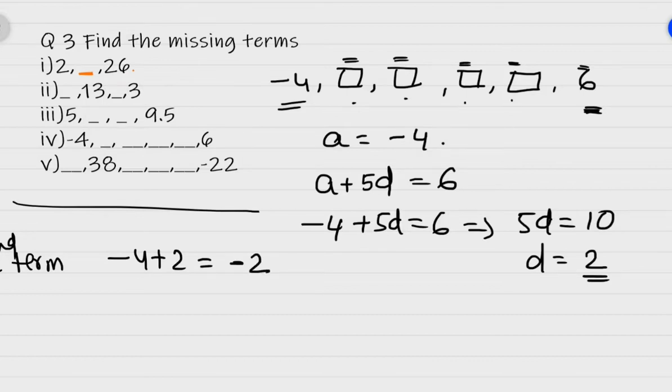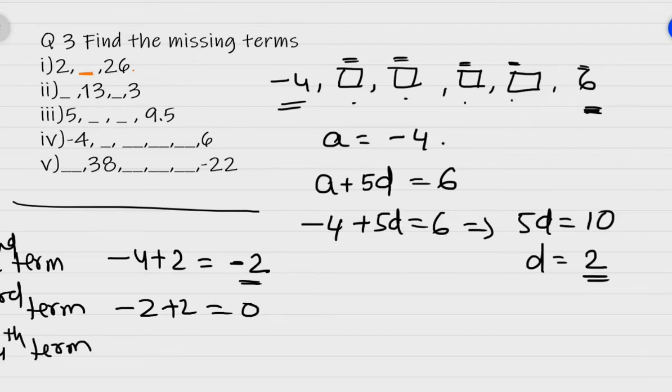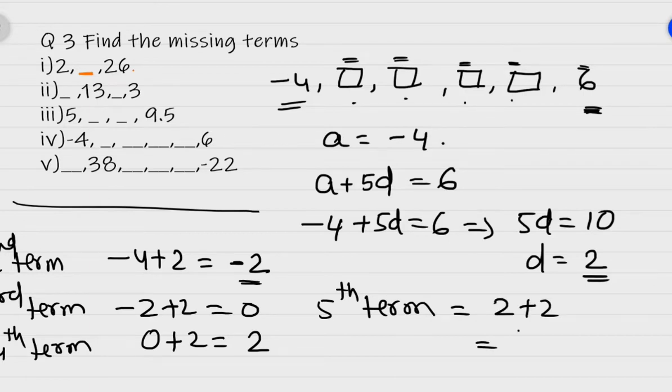And the next term, the third term, will be again add plus 2 to minus 2. So minus 2 plus 2, 0. Fourth term, add the common difference to the third term. So your third term is 0, so 0 plus 2 will give you 2. Now fifth term will be equal to fourth term plus 2. Fourth term is 2 plus 2, that is equal to 4.